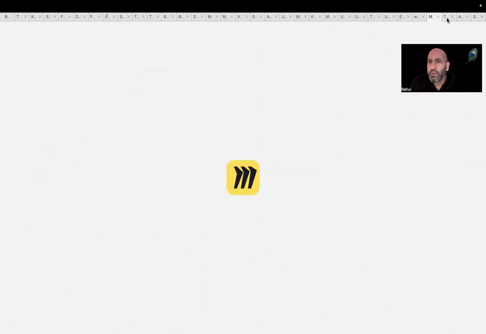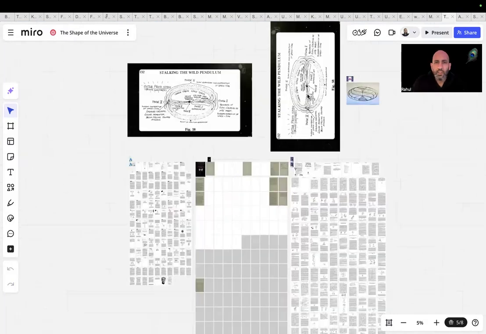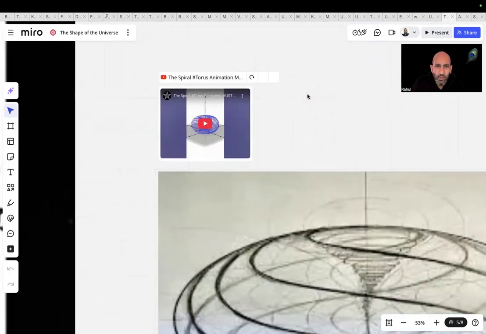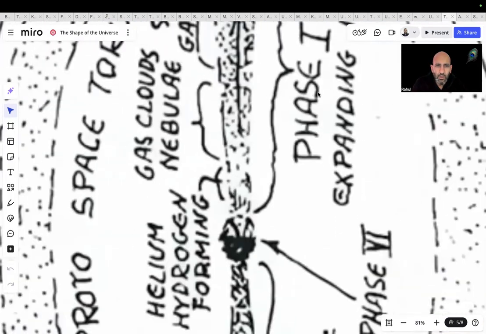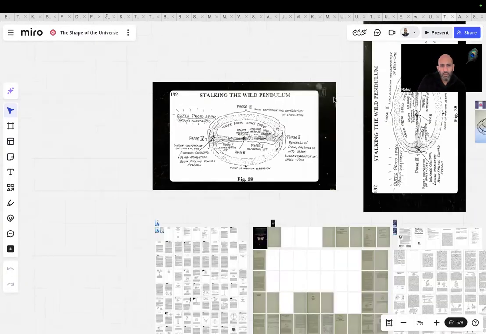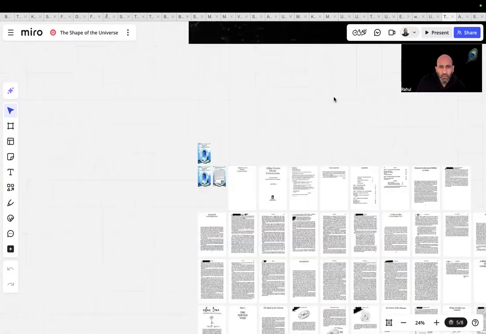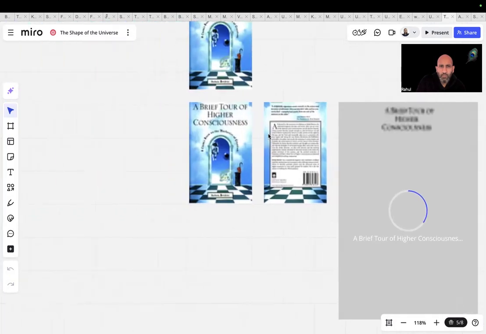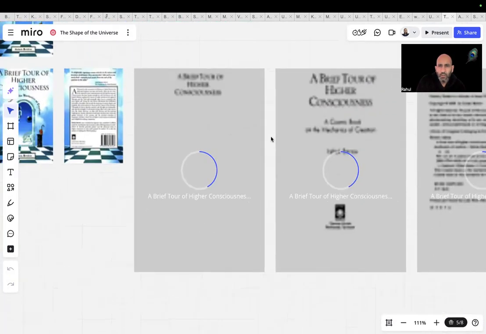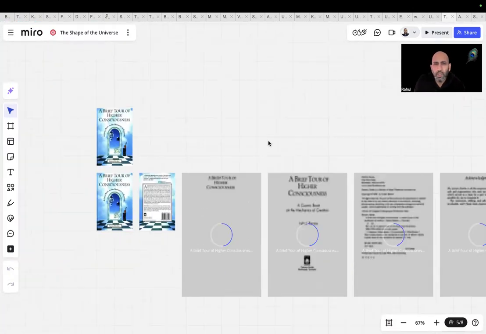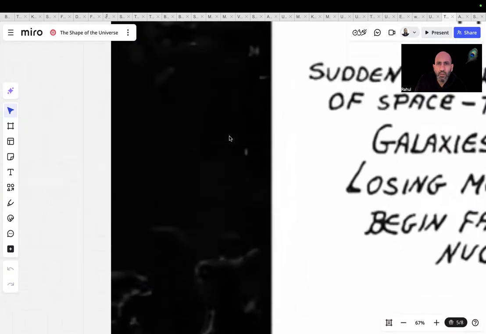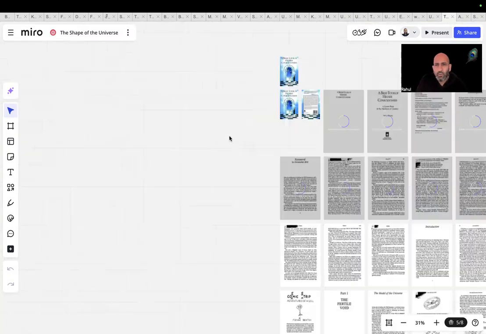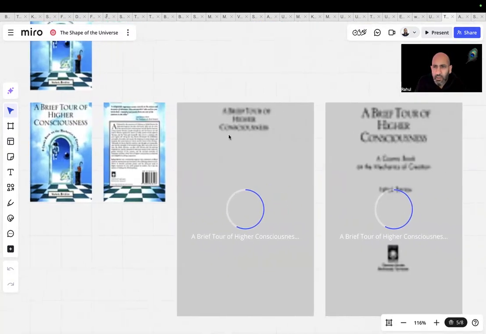Oh, I'll show you this actually. So this guy, anyway, the author of these three books below, once they load up, can't remember his name yet.